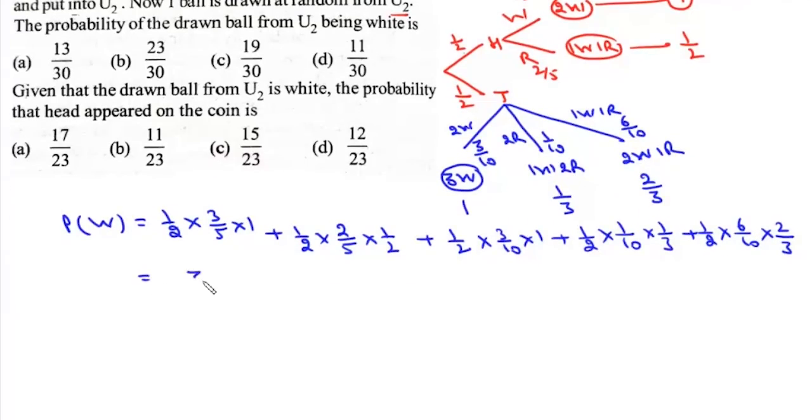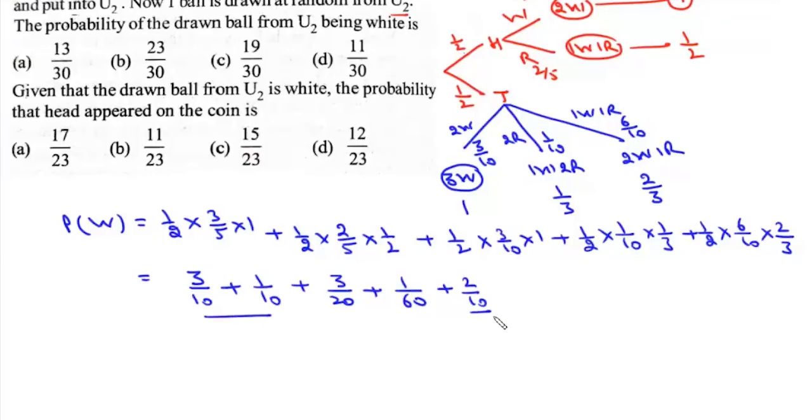Now this is 3 by 10 plus 1 by 10 plus 3 by 20, 1 by 60, 2 by 10.